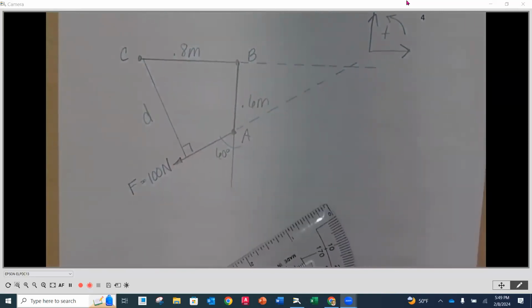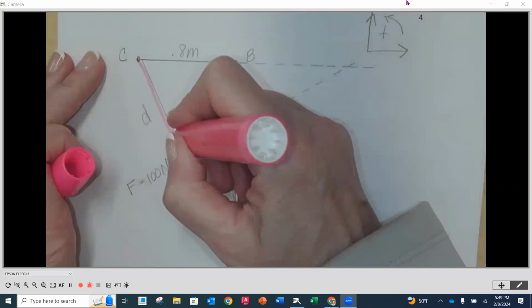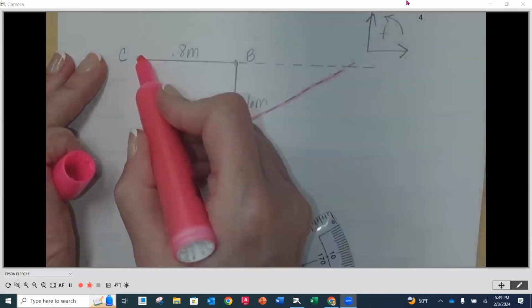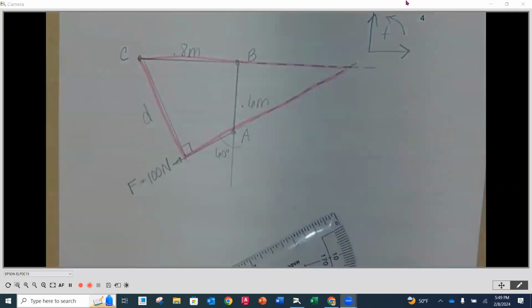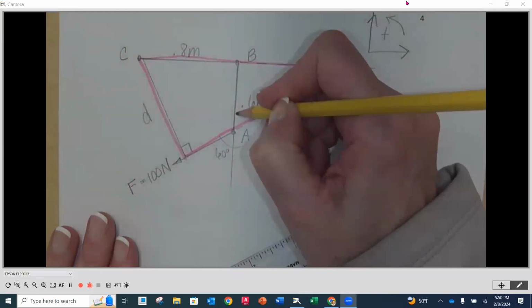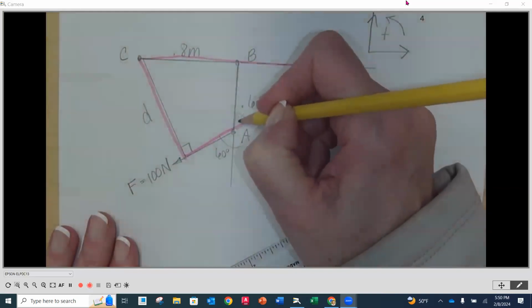I've got a highlighter, since there are quite a few lines here. We've got a right triangle from here to there. Now, looking at the geometry, this angle opposite would be 60 degrees.